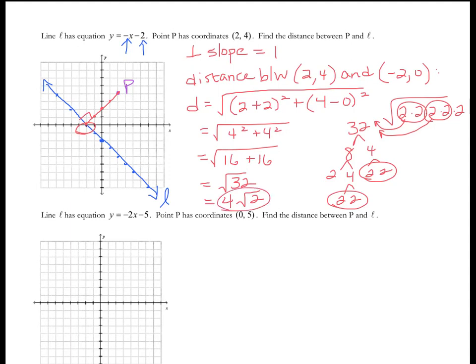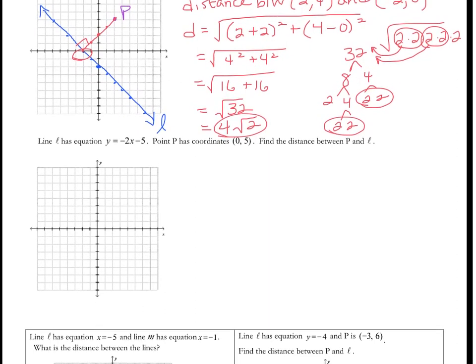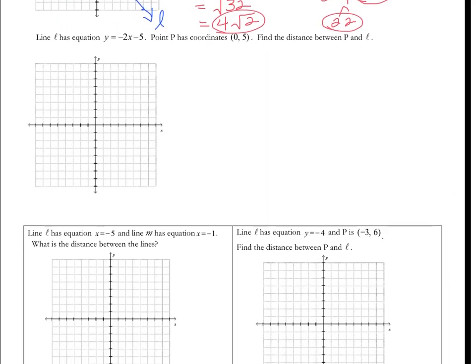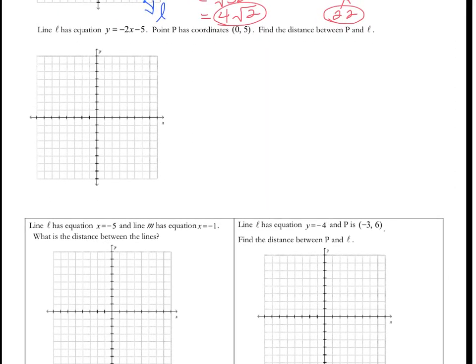Okay, I would like you to graph the line y equals -2x minus 5 and plot the point 0, 5 and see if you can figure out how to do the distance. Now, make sure that you do not mess up how to actually get that segment.